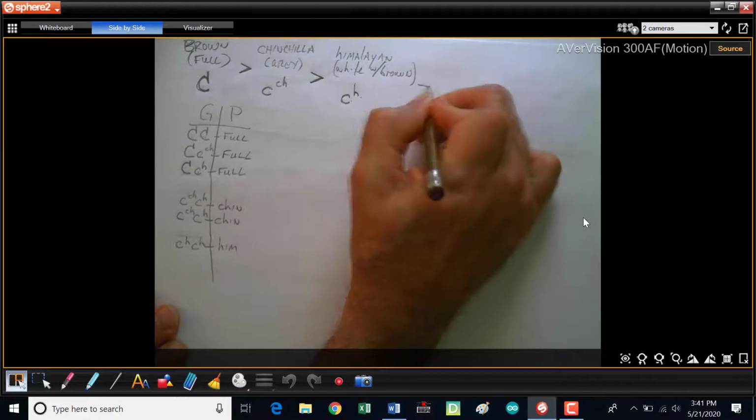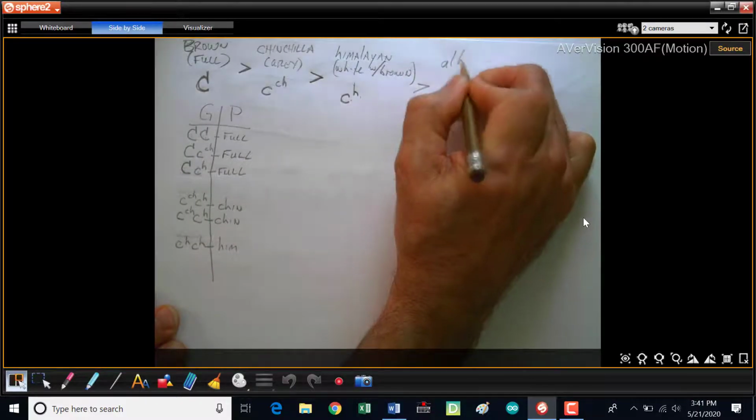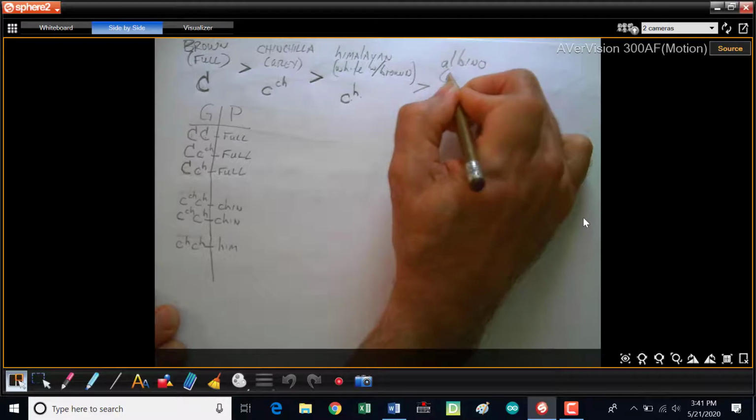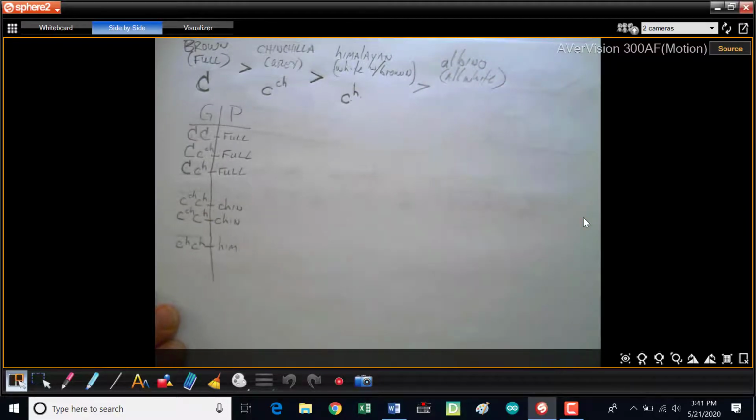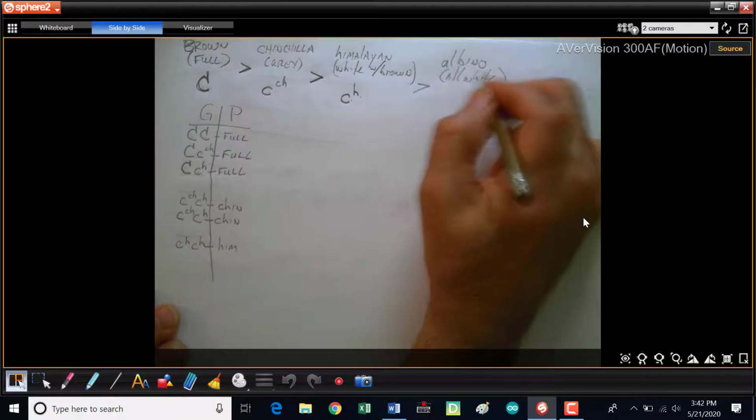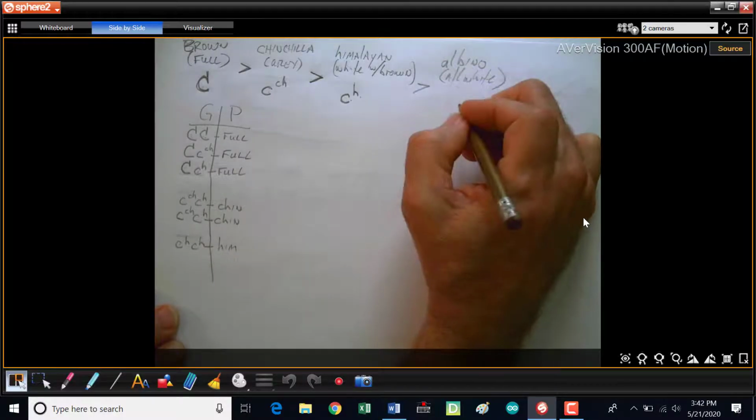This gene is albino. You may have heard of albinos before. They're all white. They have a lack of pigment. Their body doesn't produce any color genes, or no color genes are active in their body. They're called albino. White rabbits are actually albino rabbits.